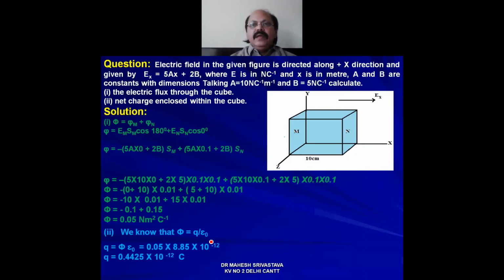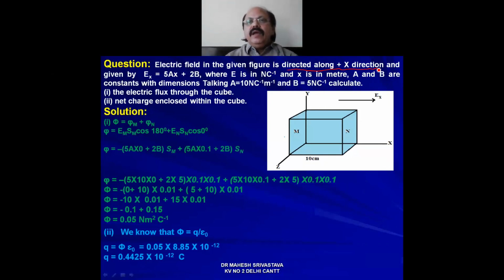Emphasize the language of the question. The electric field is directed along the x direction. It means there is no electric field along the y and z directions, so there is no electric flux along y and z. We have to concentrate only on the positive x direction.